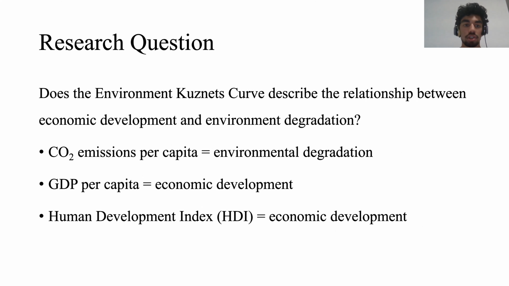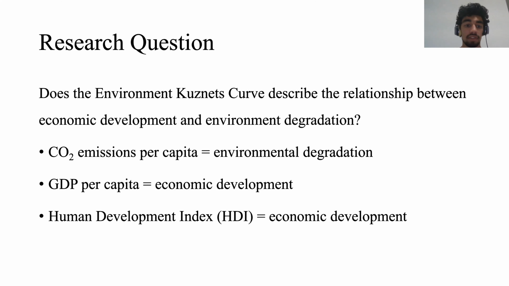So my research question is, does the environmental Kuznets curve describe the relationship between economic development and environmental degradation? For my research, I used carbon dioxide emissions per capita as the measure of environmental degradation, as this was easy data to retrieve, and it's typically what is used to measure environmental degradation as a specific pollutant.